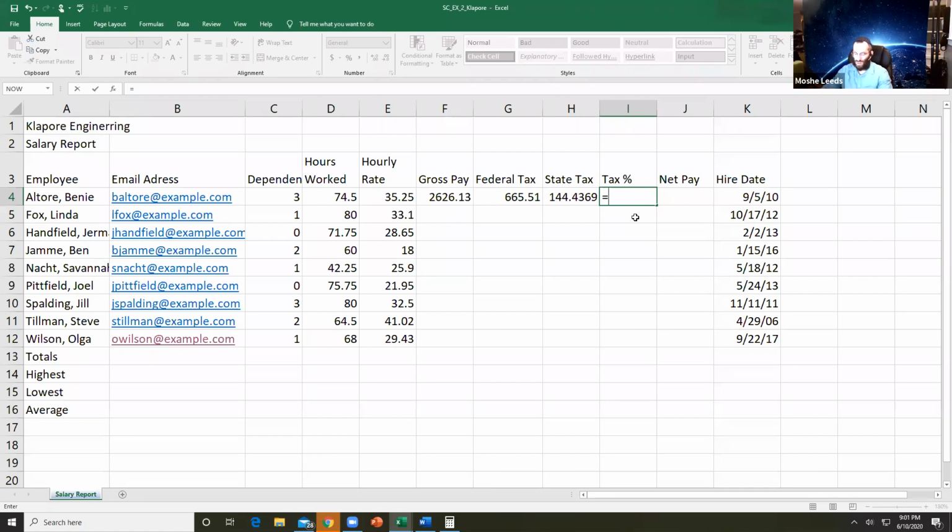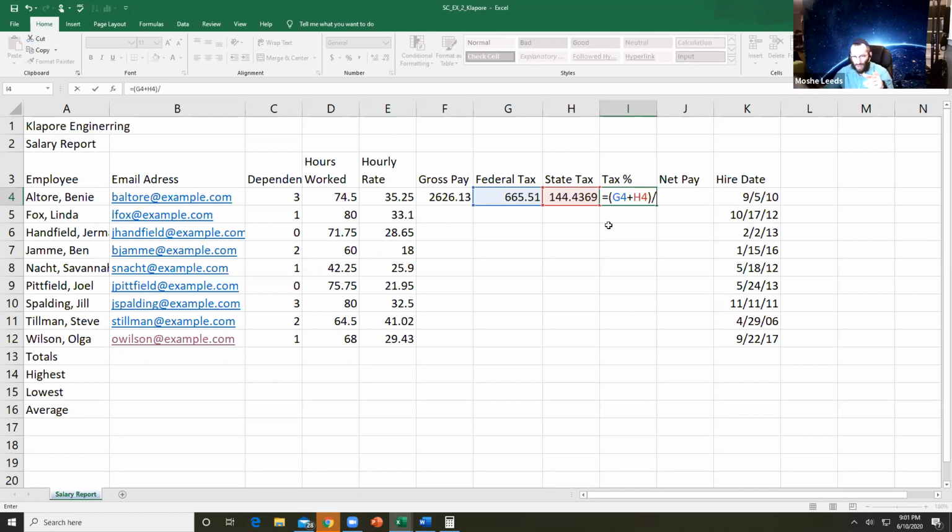So what I'm going to do, I'm going to start with a parentheses, okay? In this parentheses, I'm going to add my federal tax plus my state tax, okay? That's it. Then I'm going to close the parentheses because I want Excel to first give me that total. Once Excel gives me that total, I want to divide that total by my gross pay, which will give me my percentage of how much tax I'm paying, okay?